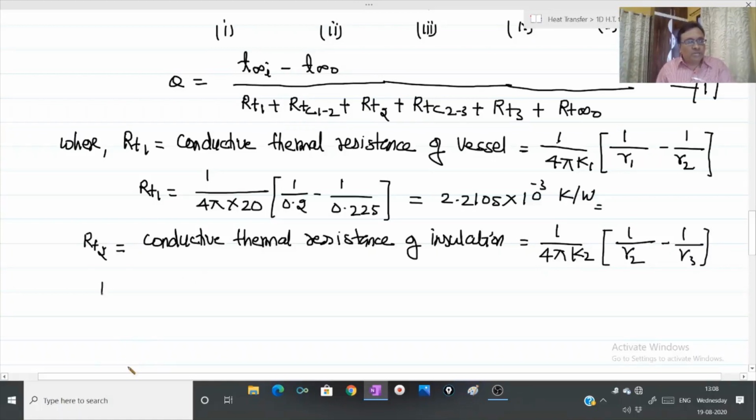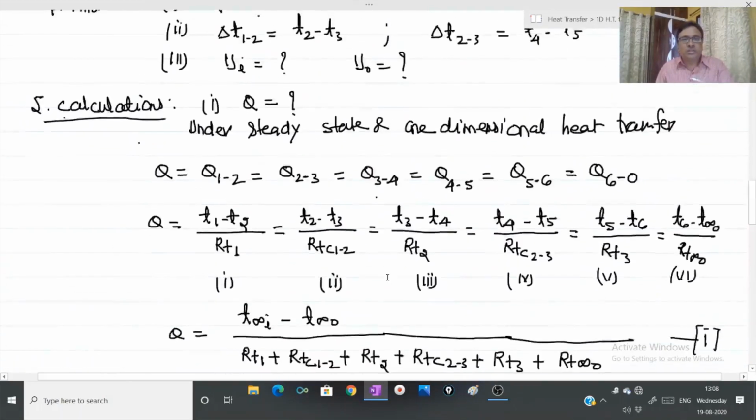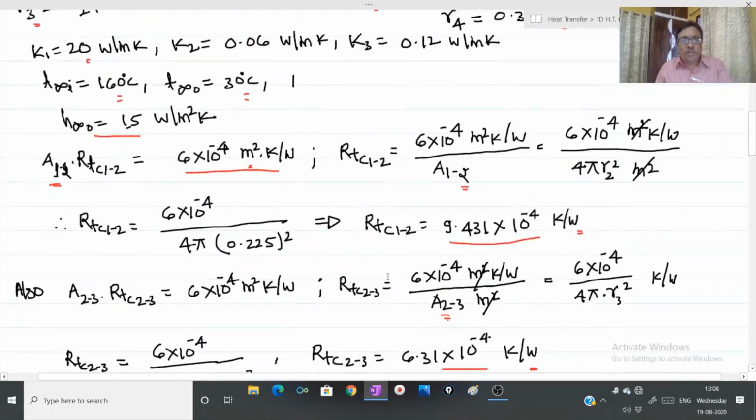After putting the values, I can calculate RT2 as 1 over 4 pi. Thermal conductivity of insulation 1 is 0.06, R2 is 0.225 and R3 is 0.275.